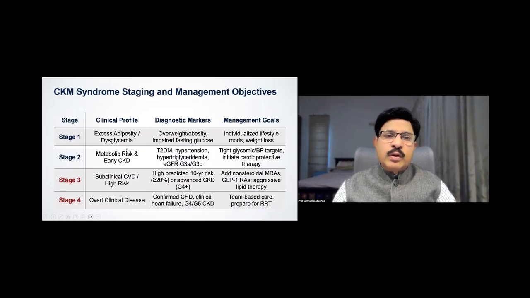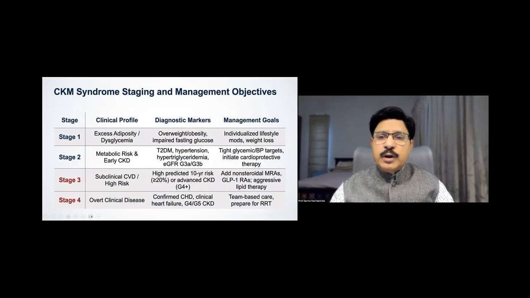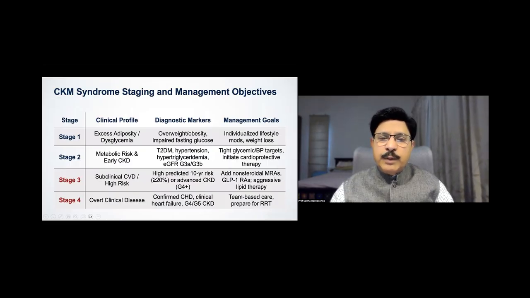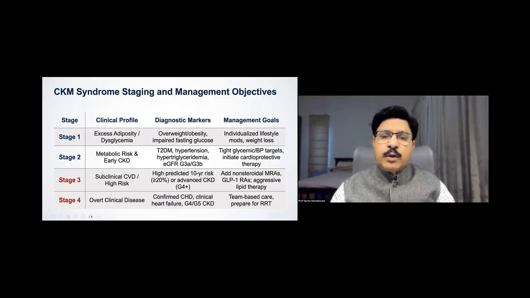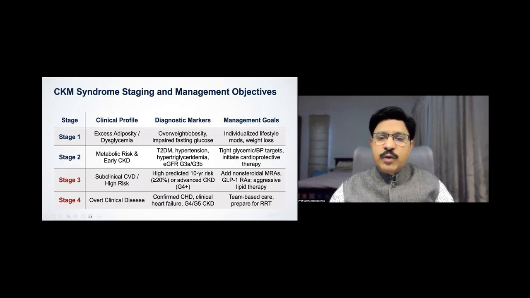Okay, now CKM staging and management objective. Stage 1, excess adiposity, dysglycemia, overweight and obesity: management is individual lifestyle change and weight loss. Stage 2, metabolic risk is there: type 2 diabetes, hypertension, hypertriglyceridemia, GFR already in the 3A or 3B stage. Tight glycemic and BP targets, initiate cardioprotective therapy. Stage 3, subclinical CVD, high-risk patient, high predicted 10-year risk of more than 20%, advanced CKD 4 or 5.